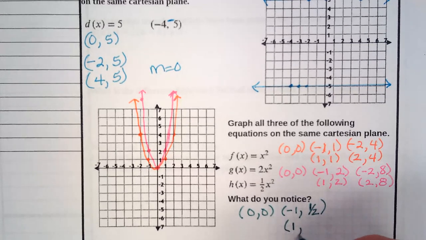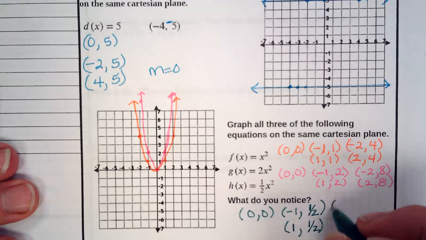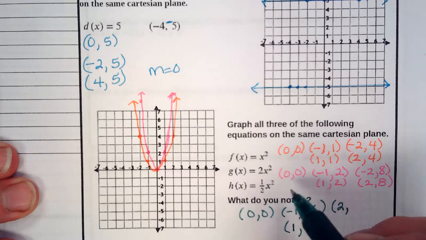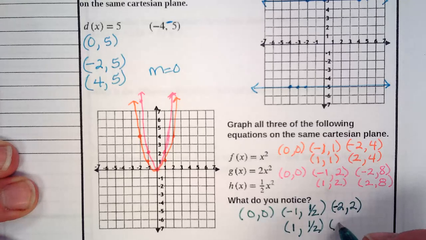And the same's going to happen for 1. Okay, what about 2? At -2, -2 squared is 4. Half of 4 is 2. 2 squared is 4. Half of 4 is 2.